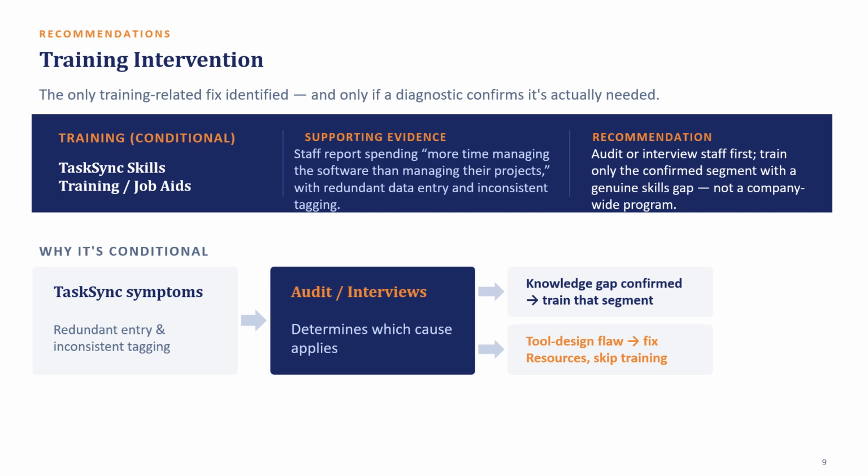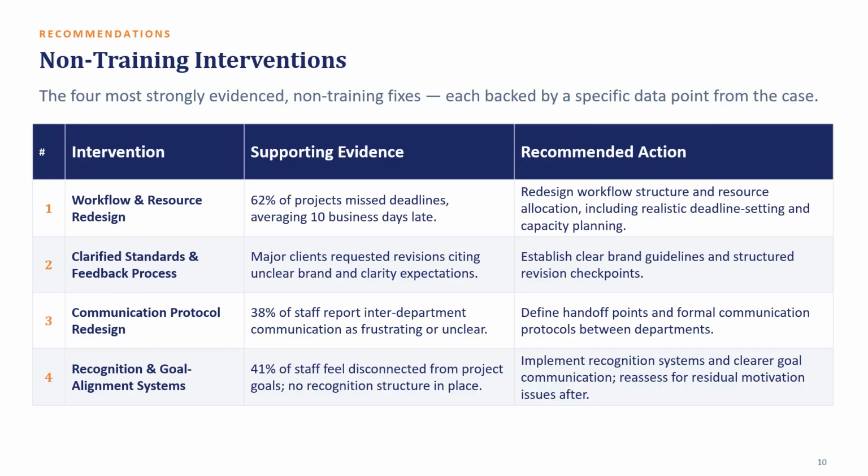We therefore recommend to audit or interview staff first, train only the confirmed segment with a genuine skills gap, and not a company-wide program. For non-training interventions, we single out 4.